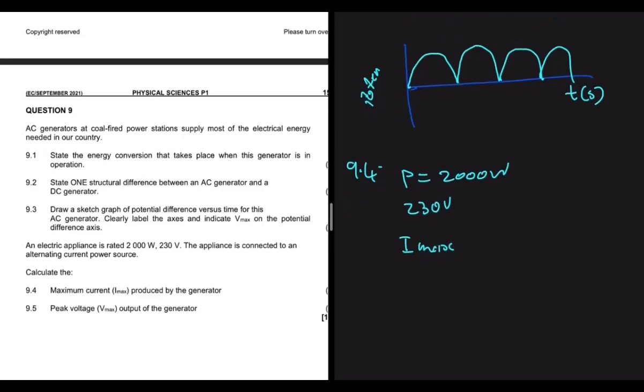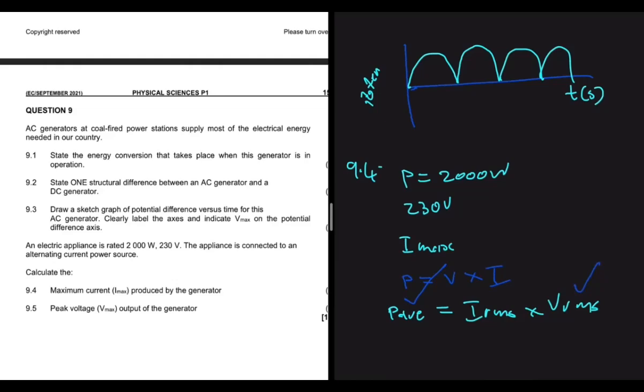So here in electric circuits, we know fully well that the power is equal to the voltage multiplied by the current. But then when we're dealing with an AC generator, we have P average being equal to Irms multiplied by Vrms. In the information that we have, we have the average power and we have the Vrms, right?